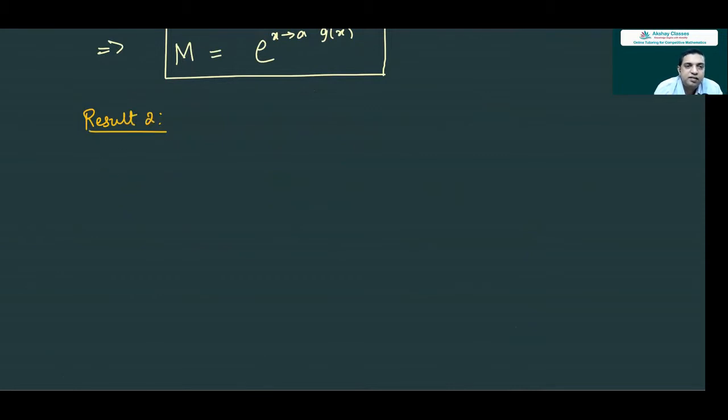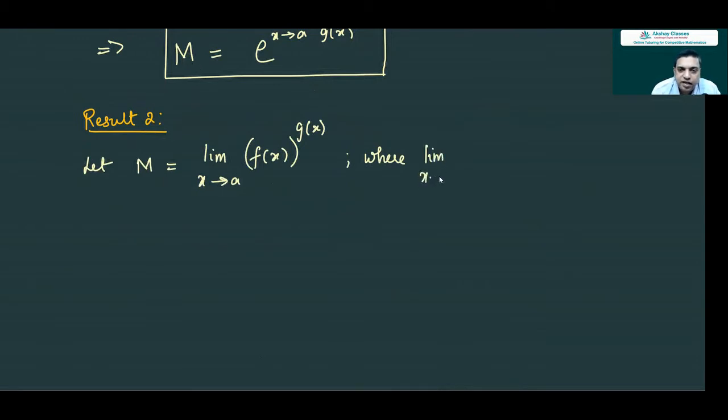So again, let m be equal to limit x tending to a f of x to the power g of x, where limit x tends to a f of x is equal to 1 and limit x tends to a g of x is equal to infinity.